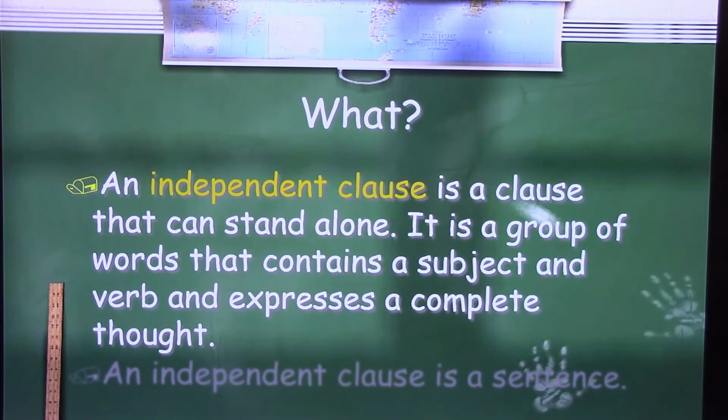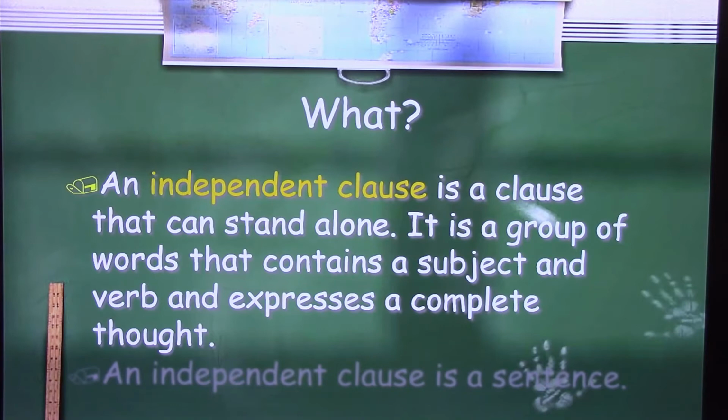When we say this is an independent clause, we mean that it's just a group of words, and these words can express a complete thought. They do not need other words to come and assist them to give a complete clause.